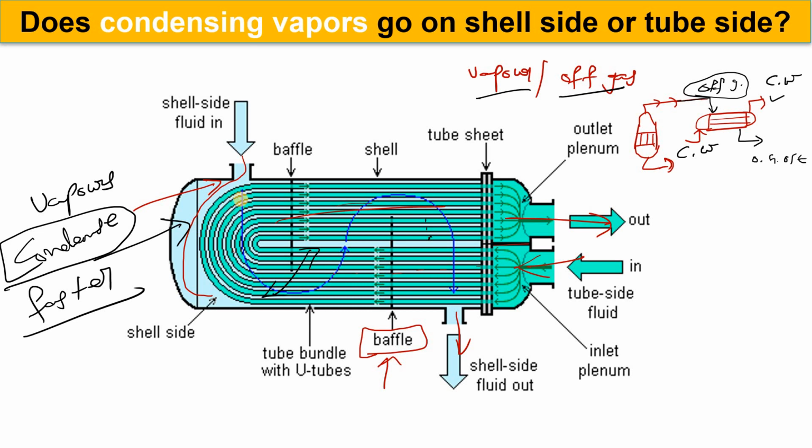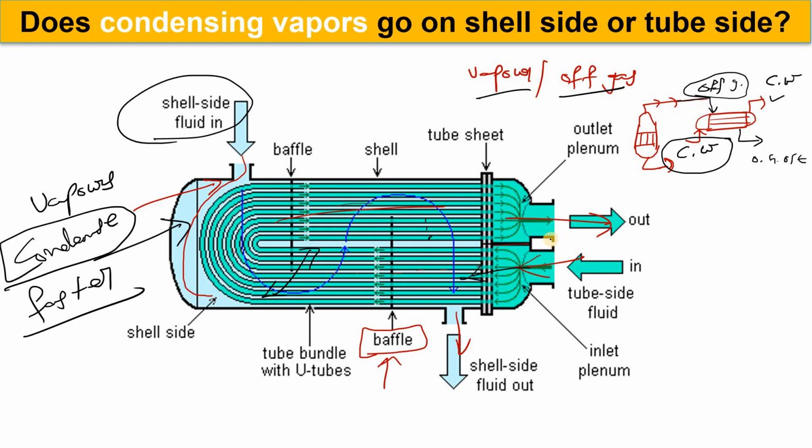The purpose could be anything, and the cooling media is not necessarily cooling water, it could be anything. Let's suppose you are using this as a preheater, so you could send your condensing vapors in the shell side and another fluid at the tube side. That could be another possibility.